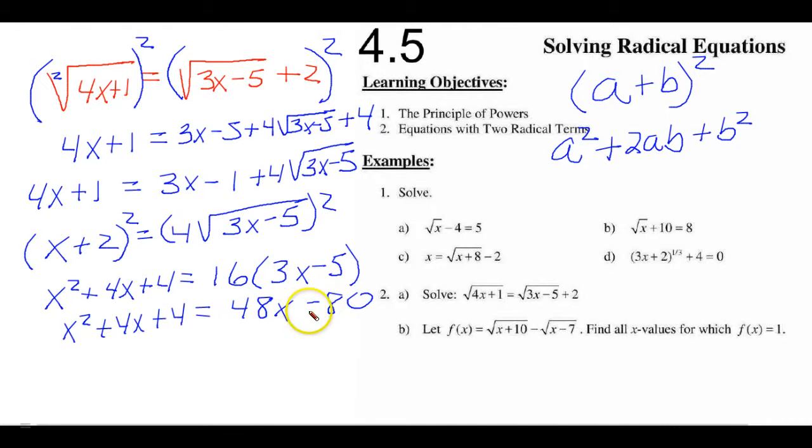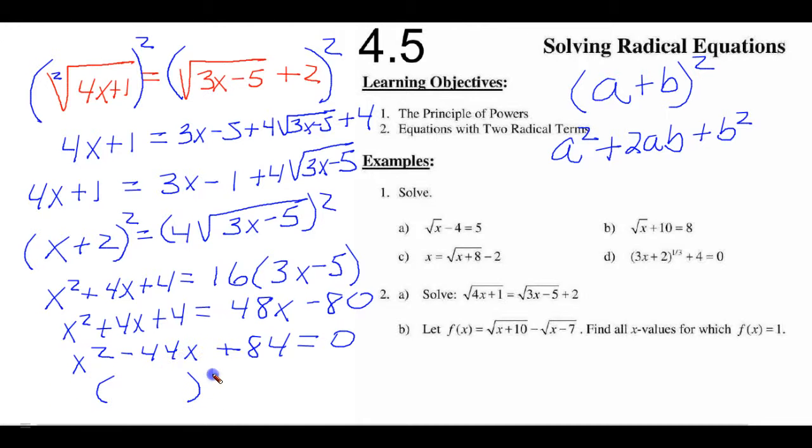Now we integrate to the other side by transposition. This gives us x squared. Now on this side, this becomes a negative 44x. This is going to become a positive 84 equals 0.